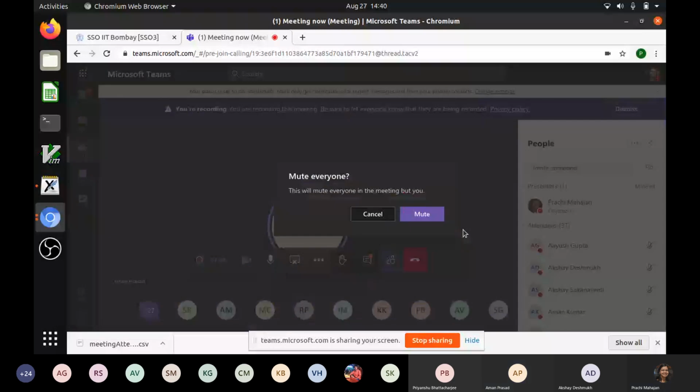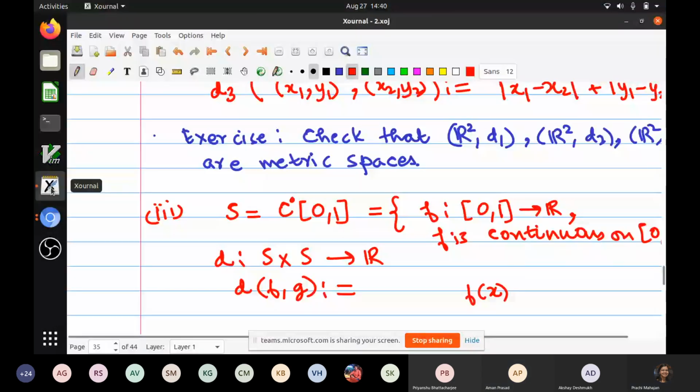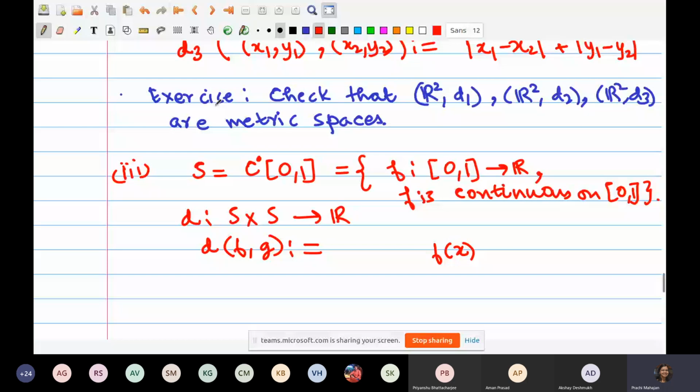Let's get back here. What am I trying to say? Pick any two elements f and g in this set S, and I'm going to tell you what is the distance between f and g.